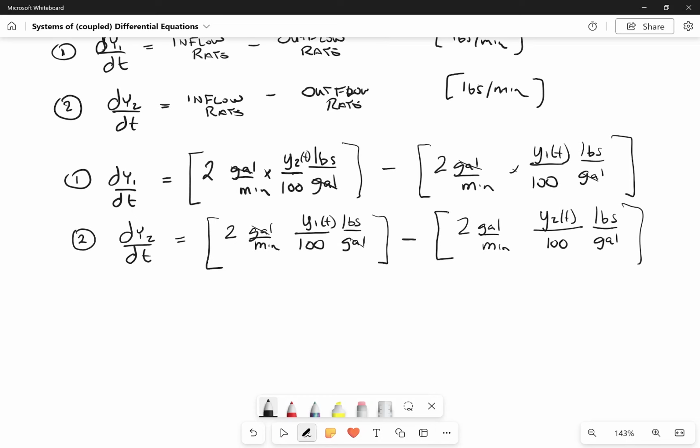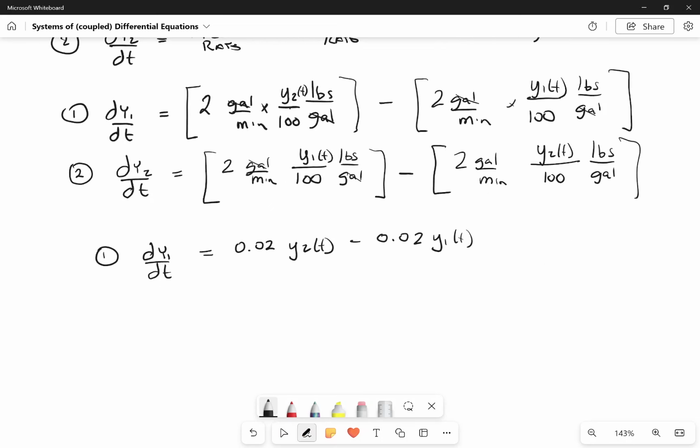These two equations, we've now set up the model. I'm just going to put it in simplified form here. I'm going to remove all the units. So dy1 by dt. What we have is 2 over 100, so we have 0.02 y2 of t minus 0.02 y1 of t.